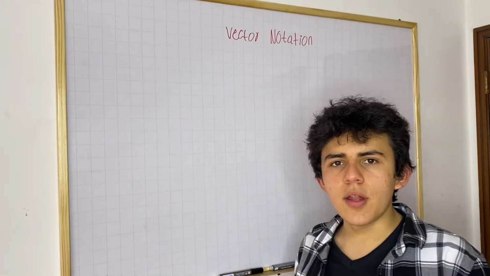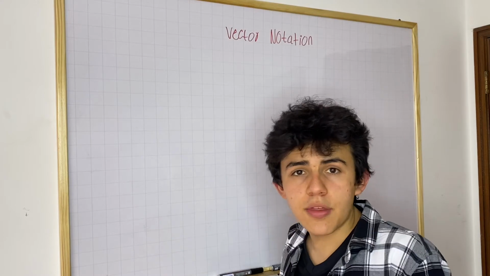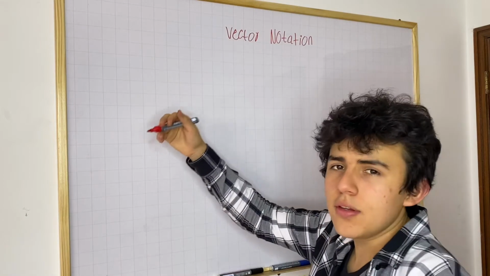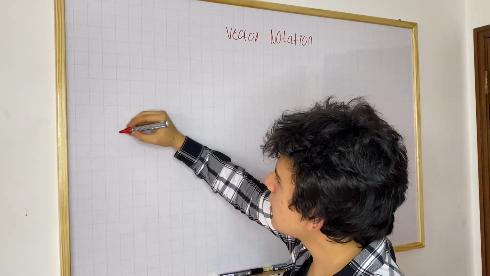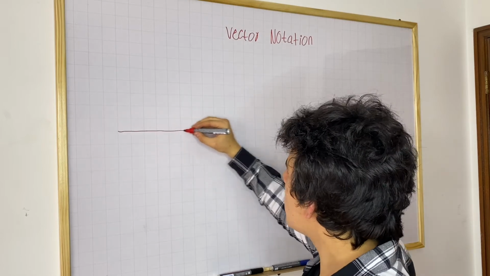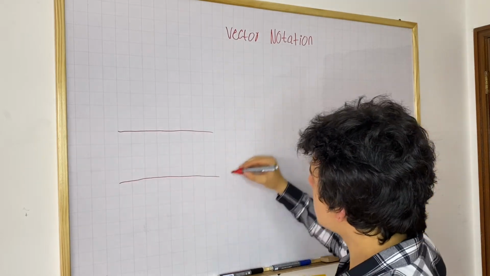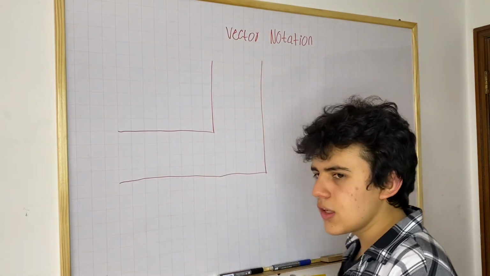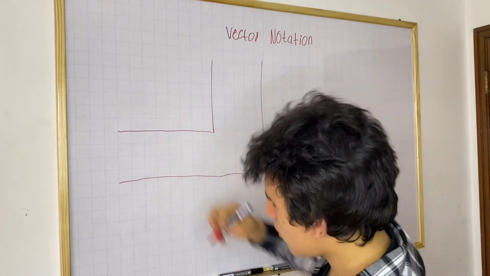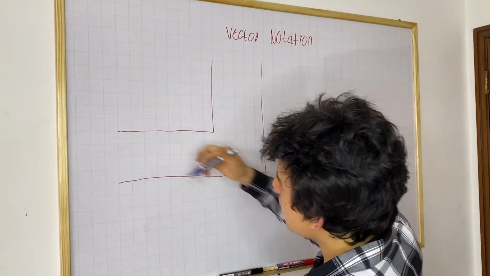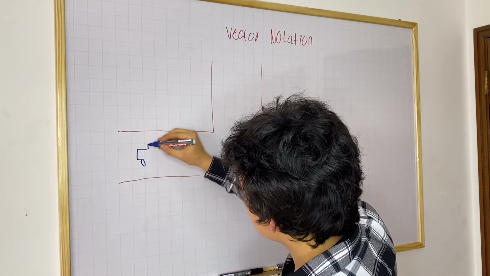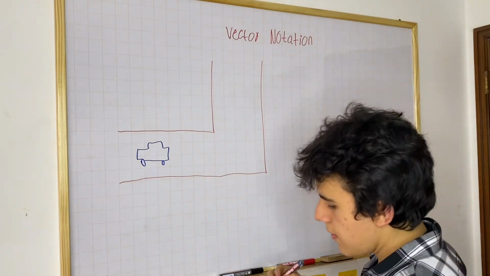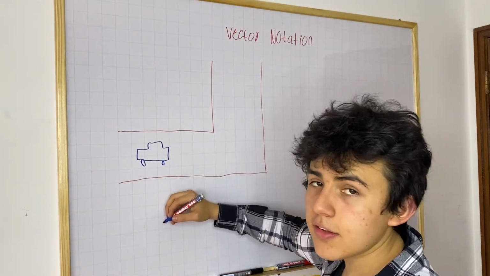Let me give you an example of how we can do some writing with vector notation, so you can get the hang of how it works. Let's suppose we have a road, and in this road we're going to have 2 positions. In this very cute road we're going to have a car, and in this first position, the car is traveling at a velocity to the east.